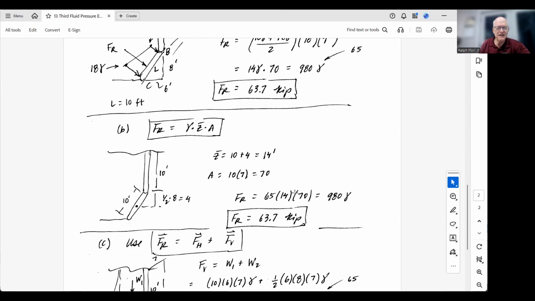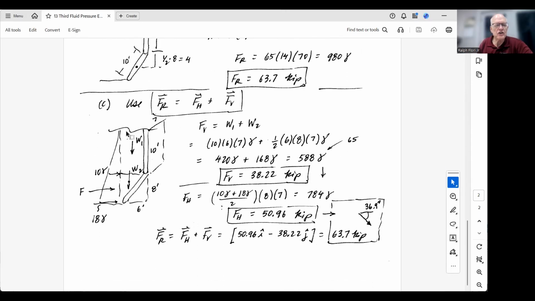So FR is 65 times 14 times 70, which is 980 gamma, which is 63.7 kip. Same as we got here. Pretty easy formula if you know what you're doing. You're always better off knowing what you're supposed to know, being good. It's better to be good than to be a fool.